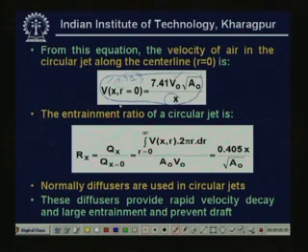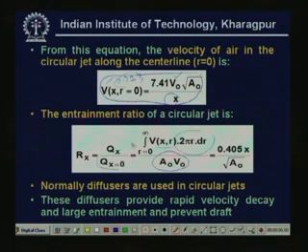And the entrainment ratio of circular jet is given by this equation, as I have already explained before. Rx is equal to Qx by Q at x equal to 0. That means you have to integrate this Vxr over the entire area, 2 pi r dr, r varies from 0 to infinity, divided by the flow rate at the supply air outlet, A naught into V naught.